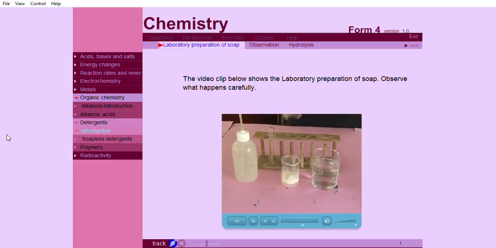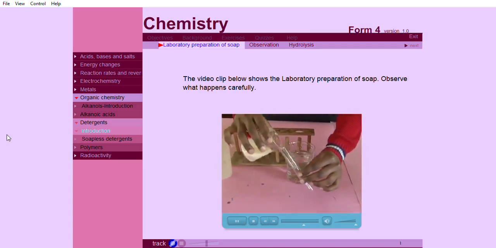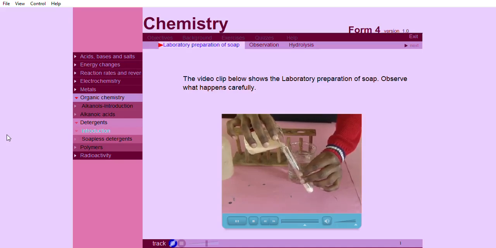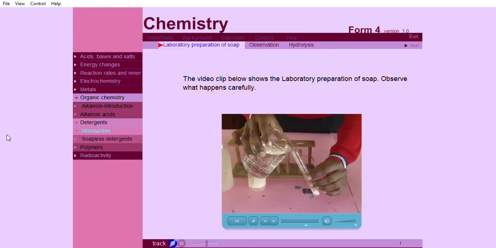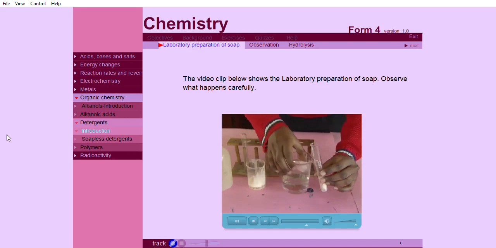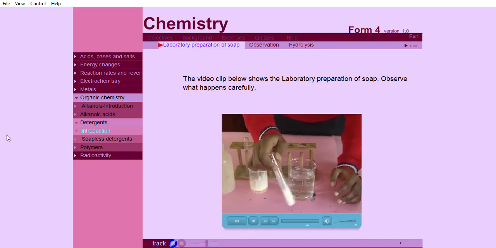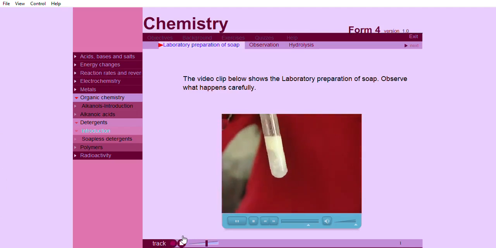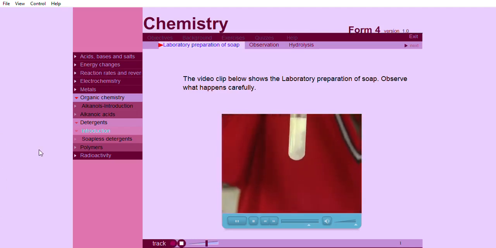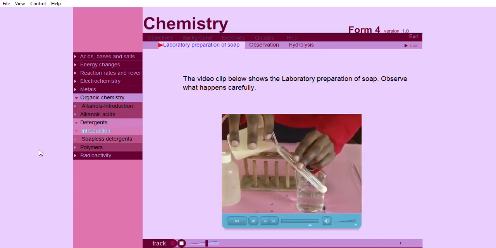Check whether lather is formed with the salt formed using tap water. Check whether lather is formed with the salt formed using distilled water.